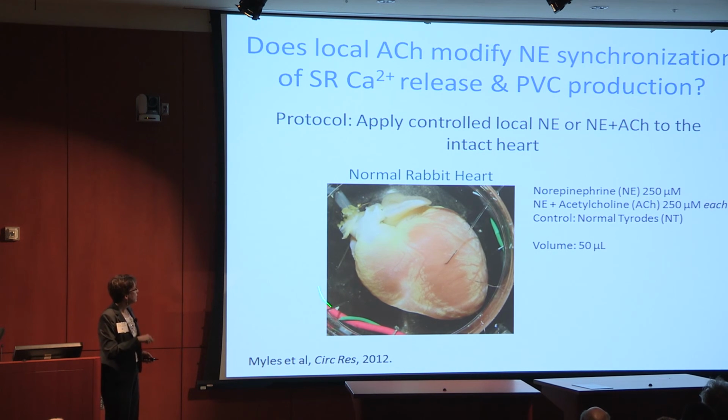And so we did one thing with Crystal Ripplinger. I think some of you are aware of work they published in Circ Research a couple of years ago, where they injected norepinephrine and paced the hearts and found that norepinephrine increased the number of PVCs and reentrant arrhythmias. So we just asked, if you do that experiment and now add acetylcholine, injecting both in the same spot, what happens?